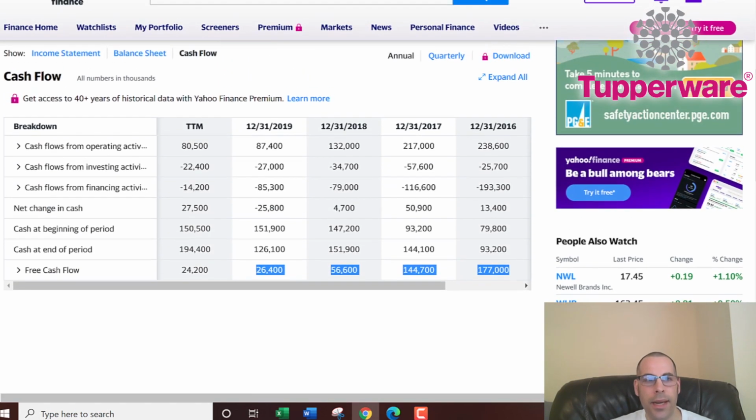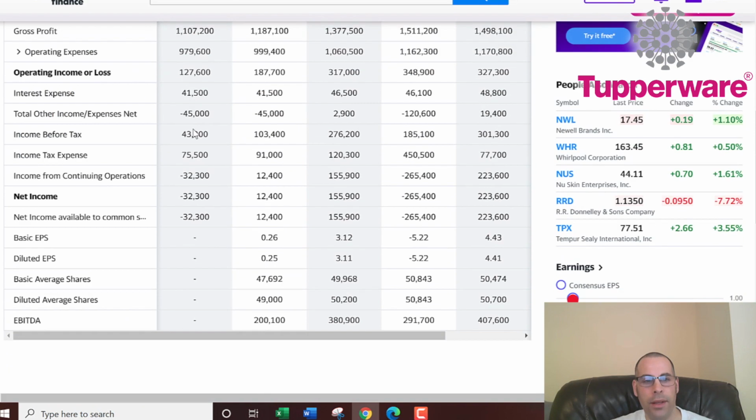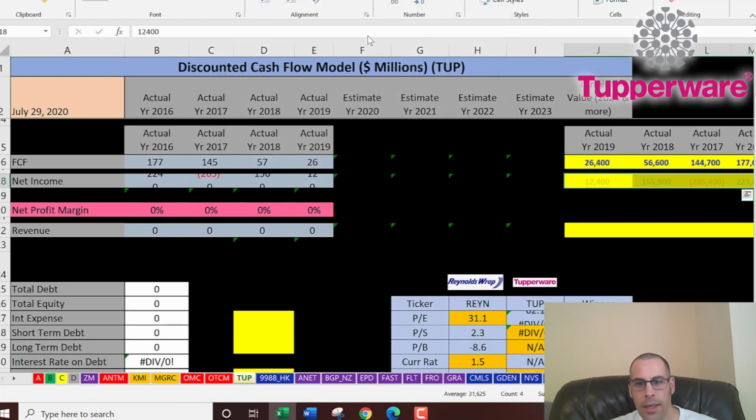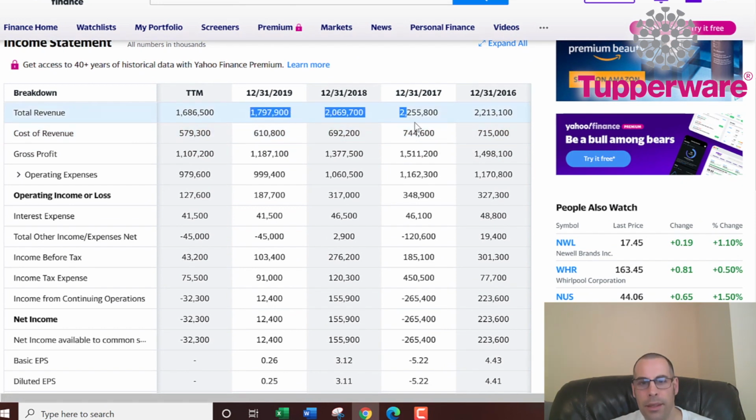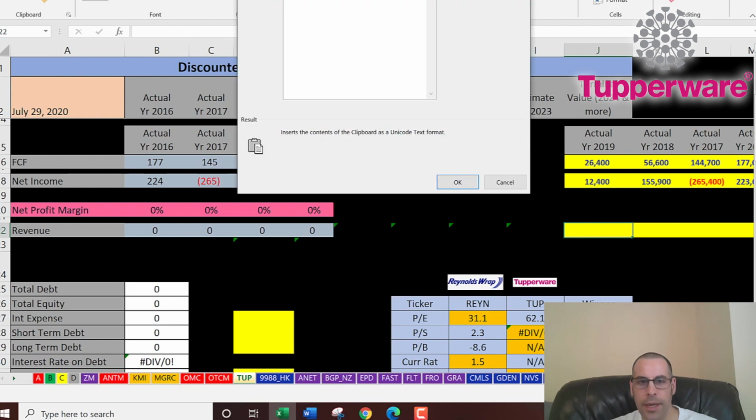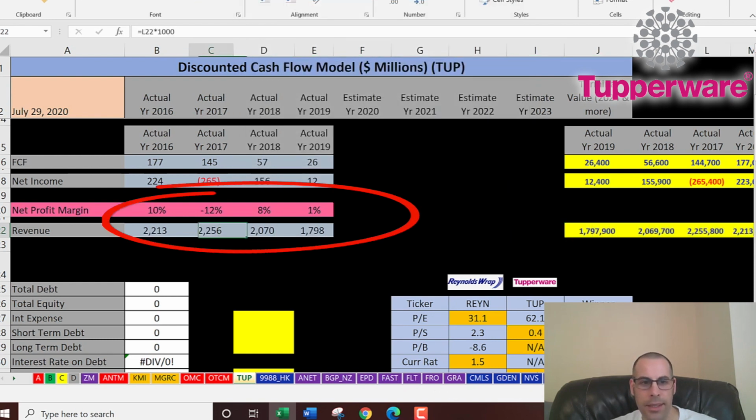We also need the net income, which is the profit and loss on the income statement. Next, we're going to pull the revenue, which is the sales, also on the income statement. Looks like their sales have been going down almost every year, which is definitely not a good thing to see. And in 2017, they had negative net income.